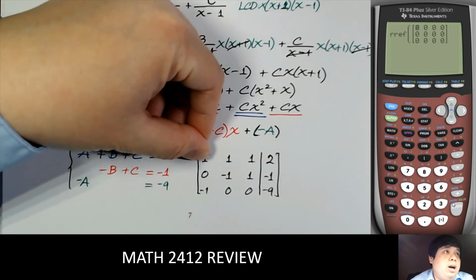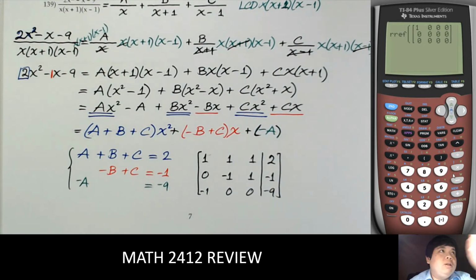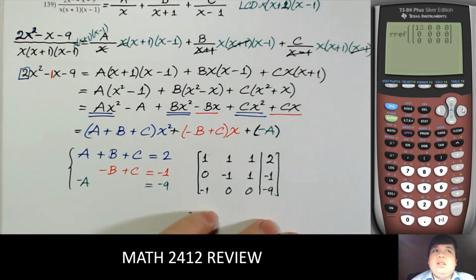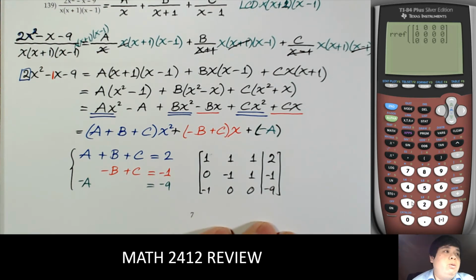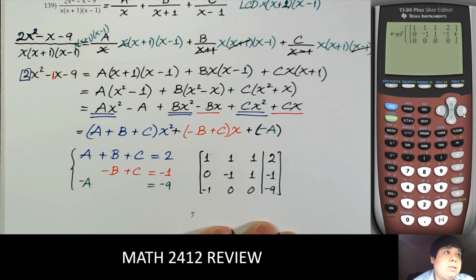Enter 1, and don't hit enter, hit next. 1, 1, 2, 0, negative 1, 1, negative 1, negative 1, and then all the way to negative 9.